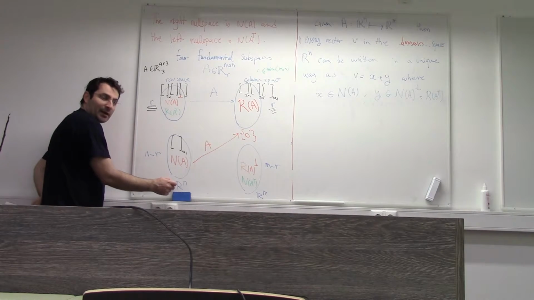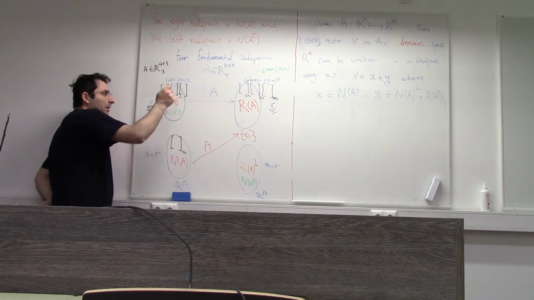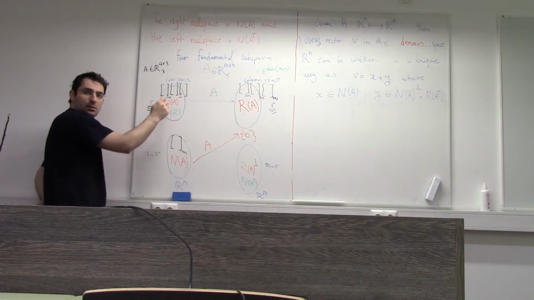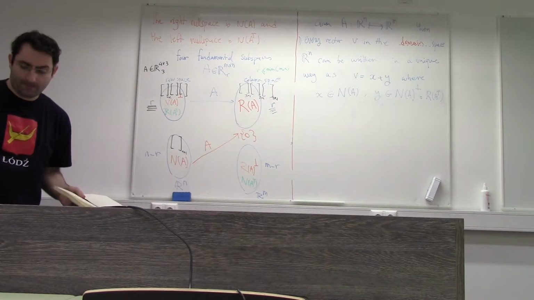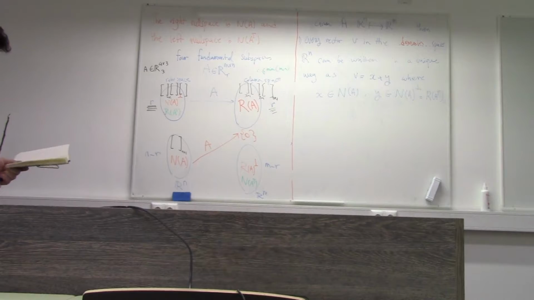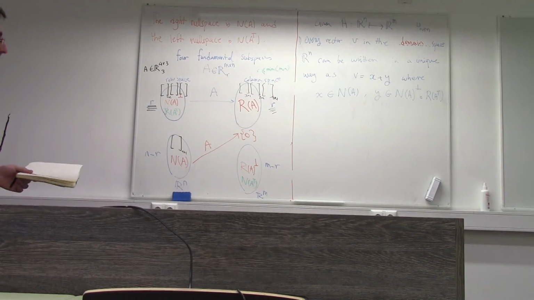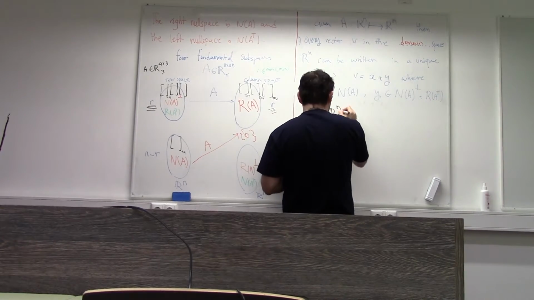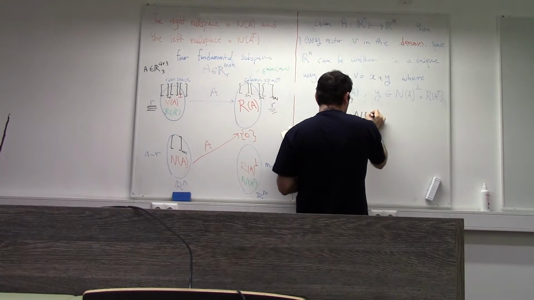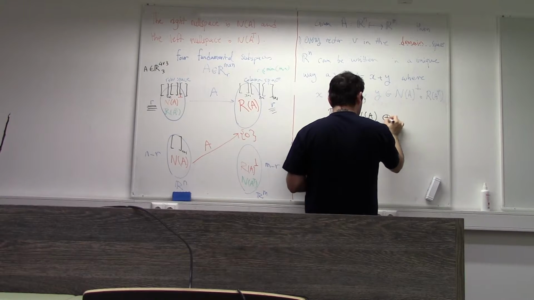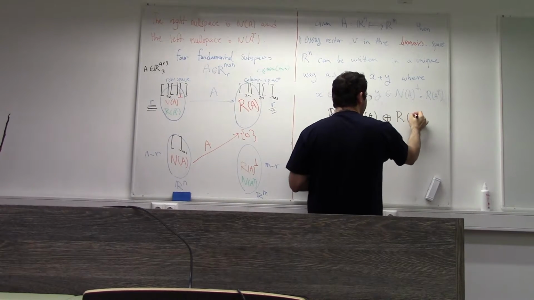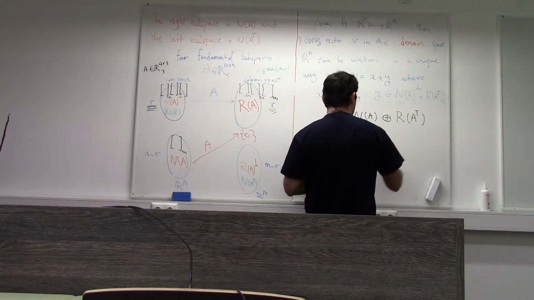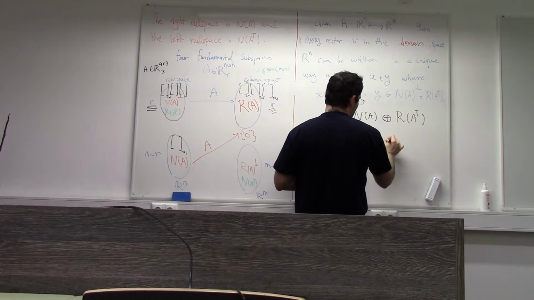Any element in Rn is either in here or in here, right? So we can write it in this form, that Rn is basically Na direct sum Ra transpose.